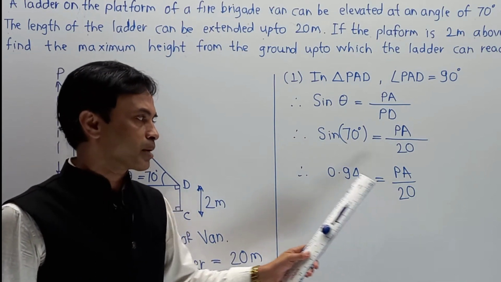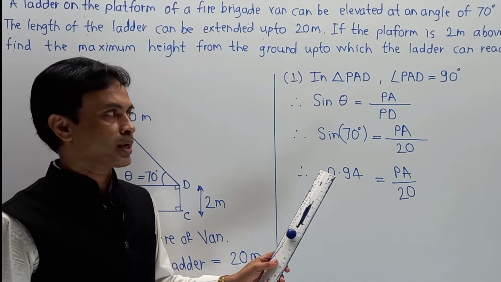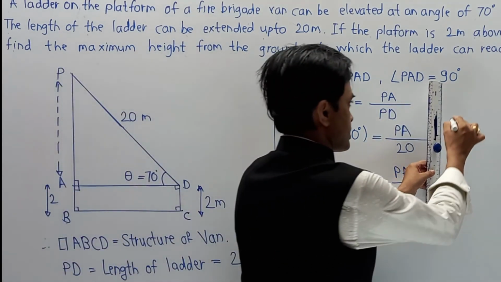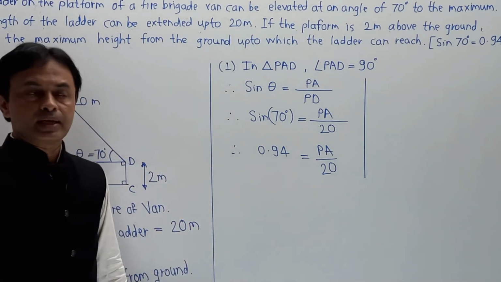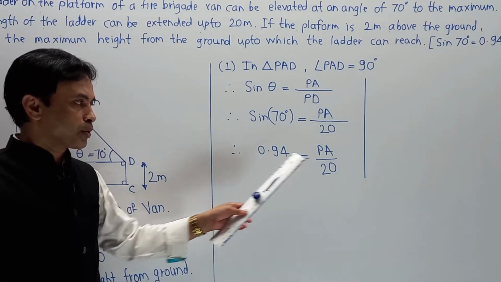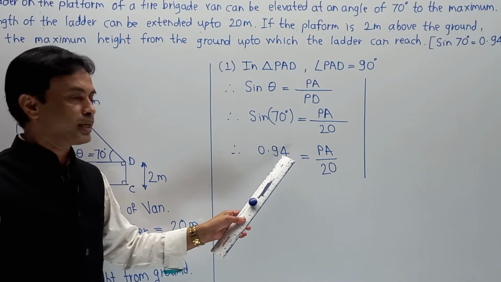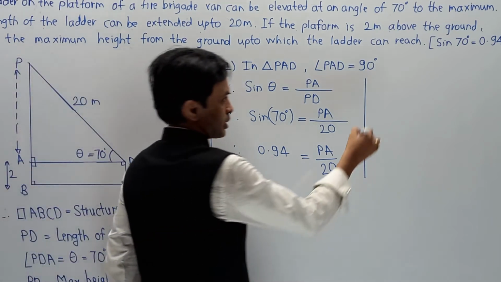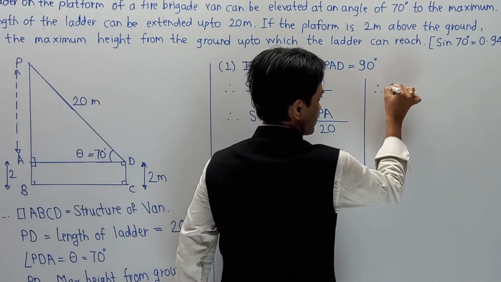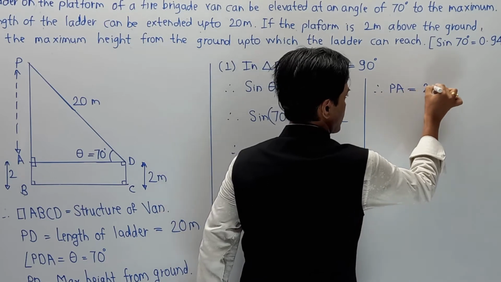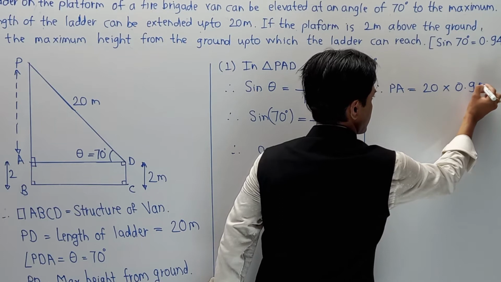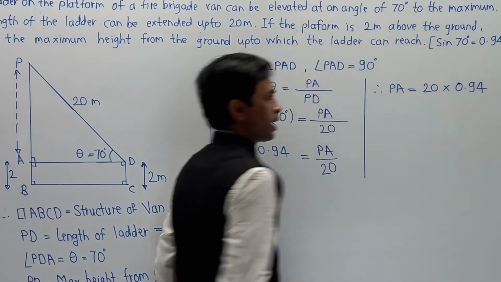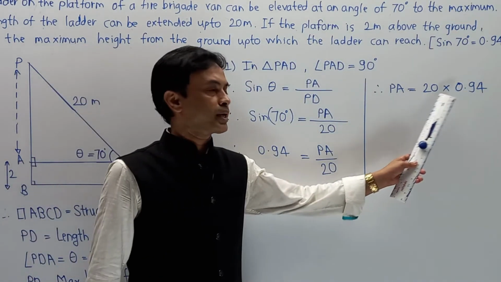Now this 20 which is divided goes to that side as a multiply, and for the calculation, 20 is going to get multiplied over here, and PA is equal to 20 into 0.94. Therefore, PA is equal to 20 into 0.94. Next, we simply have to make a multiplication.